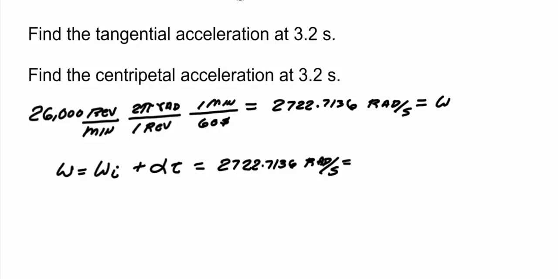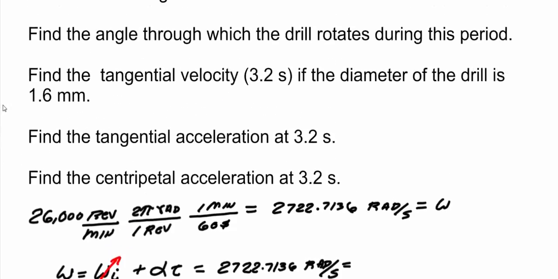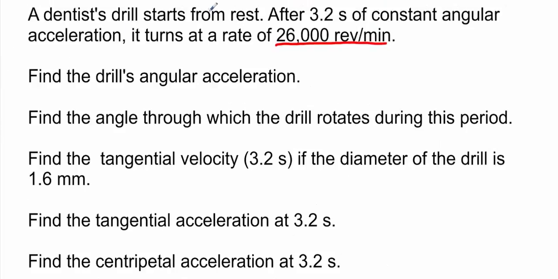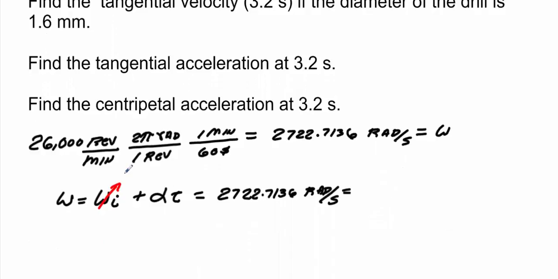Now we know that our initial here was 0 because we're starting from rest, and I think that's stated in the problem right here, starts from rest. So we know this goes to 0. So we'll set that equal to 0 plus my angular acceleration times my time of 3.2 seconds.